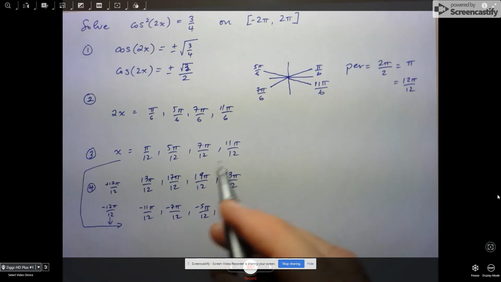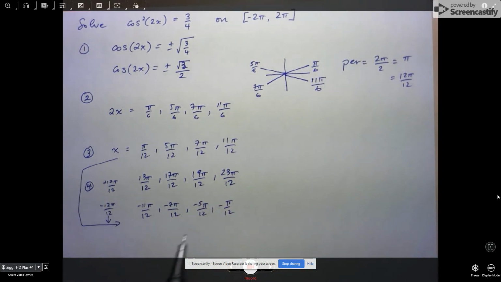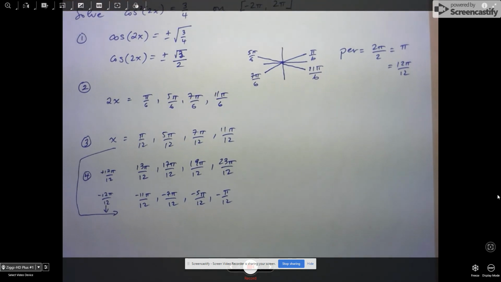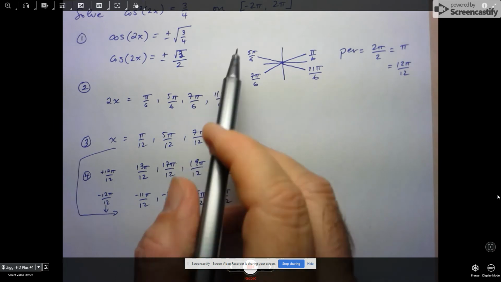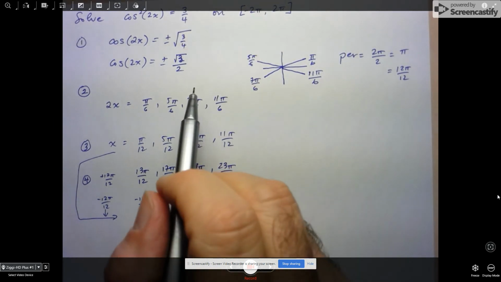And then here 11 minus 12 is going to be negative pi over 12. So these are also correct answers. And I think I can go a little further, because if we take the smallest one of them all, negative pi over 12, 11 pi over 12 is just a little bigger than negative pi. We can go all the way to negative 2 pi.